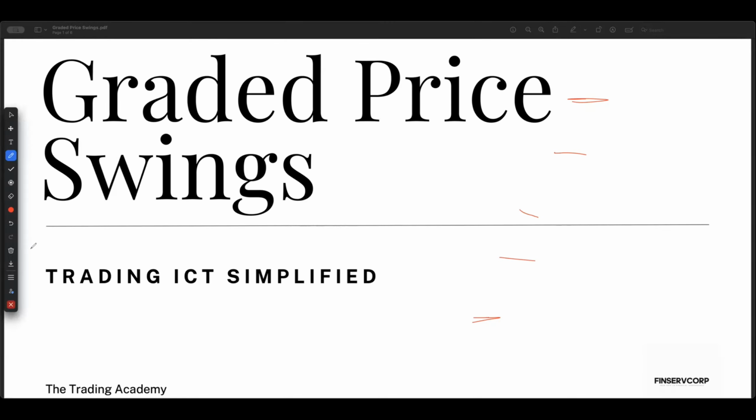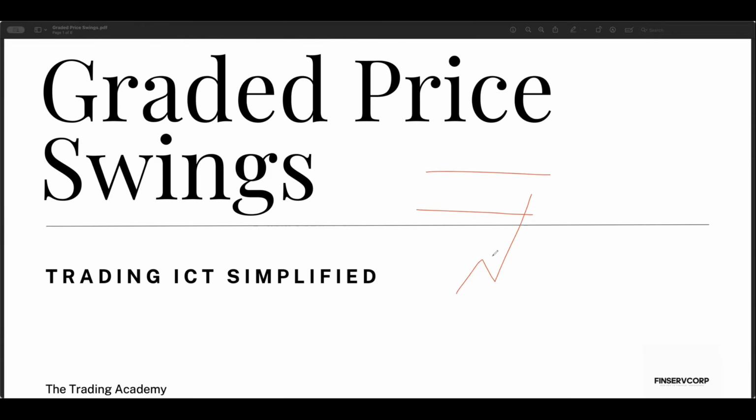Now, people are saying that before the day starts, the algorithm is already set to form the high or low at a certain price point or at a certain time. Bullshit. You know why I'm saying it's bullshit? Because look at this. Let's say you have a fair value gap there, and price goes up over there.